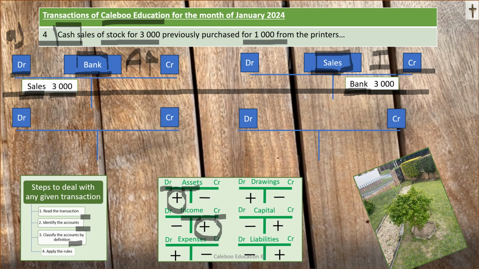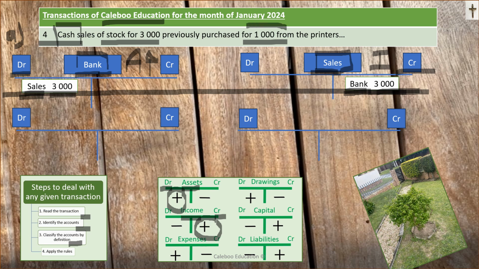When we make a sale, the trading inventory is what some textbooks would say expensed, to show the expense of the cost of the sale. Right, we're not making a 3,000 profit here. There was a cost.